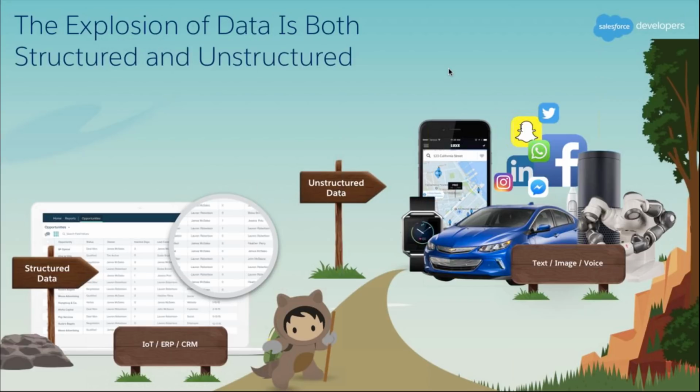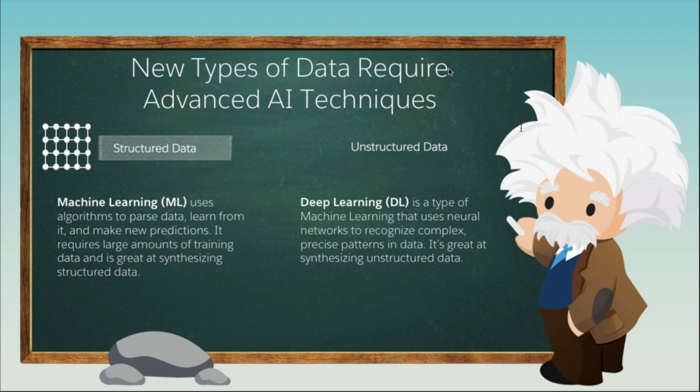So when we're talking about image, voice, text, until recently, a lot of these types of unstructured data were not leveraged or able to be analyzed to get data out of them. The great thing is that with deep learning, we can start gathering and understanding patterns in these more complex data types and derive insights from that.